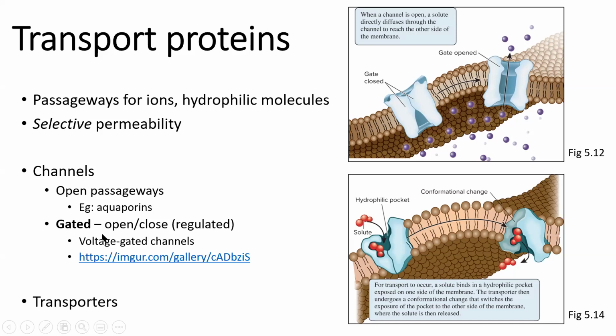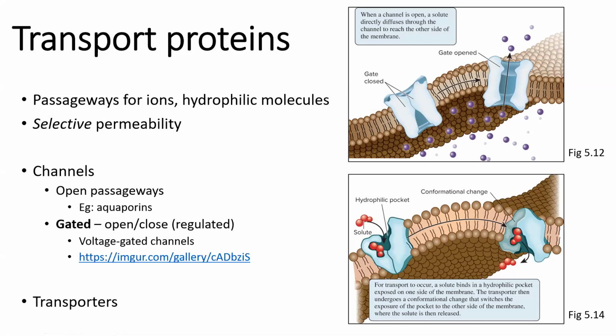We have voltage gated or chemical gated channels, and we're going to talk about that in great detail in 201 and 202. I don't get into it too much in 181, but I do want you to be aware of it. So when you get to that course in the future and your professor is talking about gated channels, you'll be like, oh yeah, transport proteins.